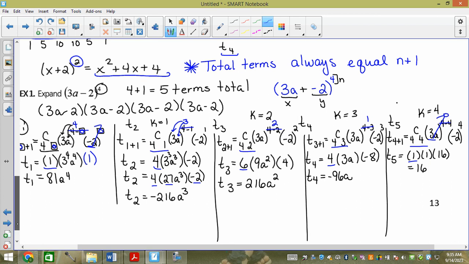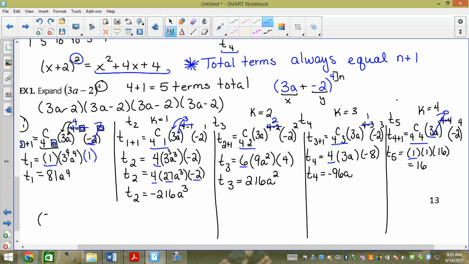So if I want to write out this expansion, I would say (3a minus 2) to the 4 equals 81a to the 4, minus 216a cubed, plus 216a squared, minus 96a, plus 16.